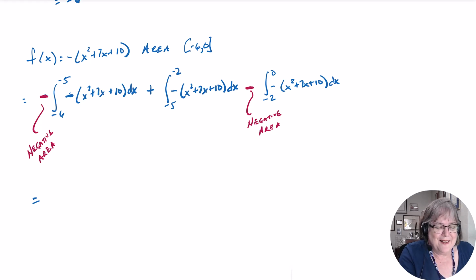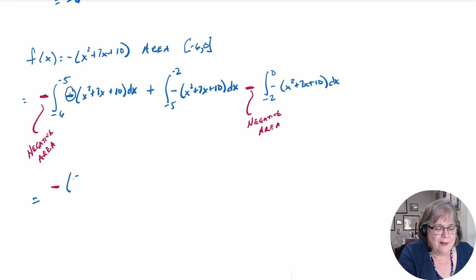So we have this negative, and then we know that when we integrate this, we've been doing this for a while. Up until this point, I took this negative out, but because I want you to see the effect of the red negative, I'm going to leave this negative in here and use it while I integrate.